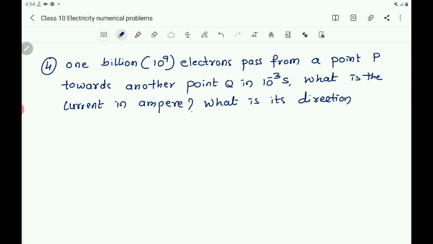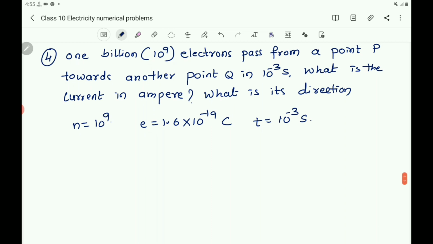Again here you take N equals 10 power 9, and E you know is 1.6 into 10 power minus 19 C, and T is given as 10 power minus 3 seconds. Now here you take the charge.